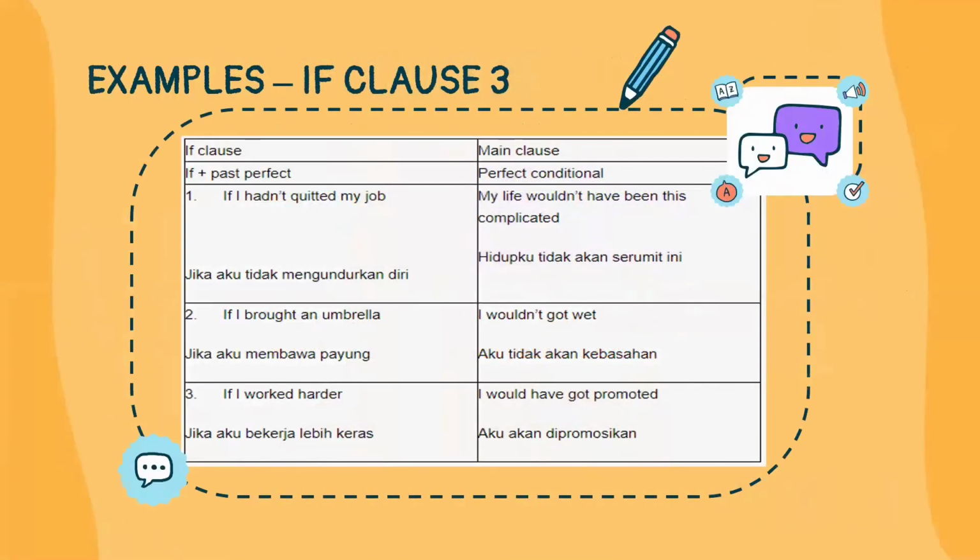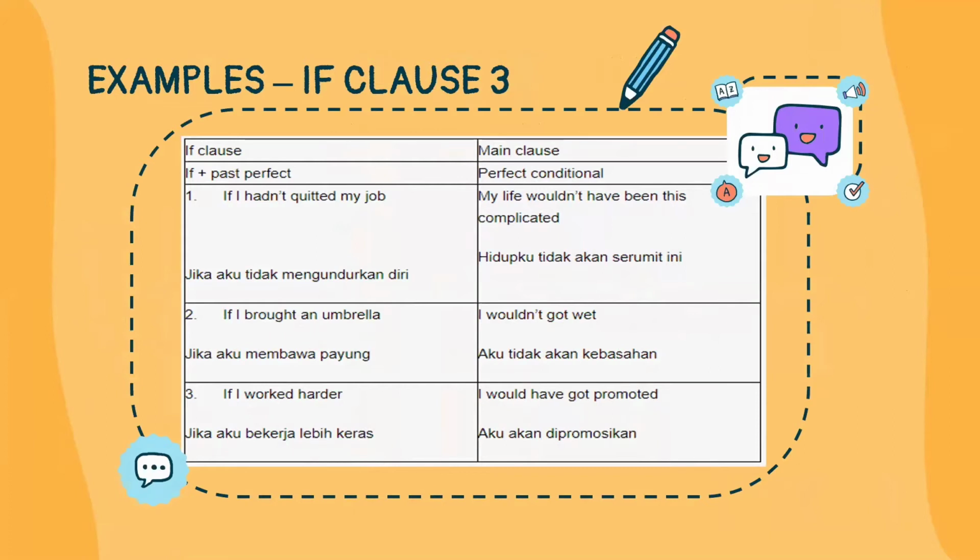For example, if plus past perfect, main clause perfect conditional. If I hadn't quit my job, jika aku nggak mengundurkan diri, my life wouldn't have been this complicated. Hidupku tidak akan serumit ini.